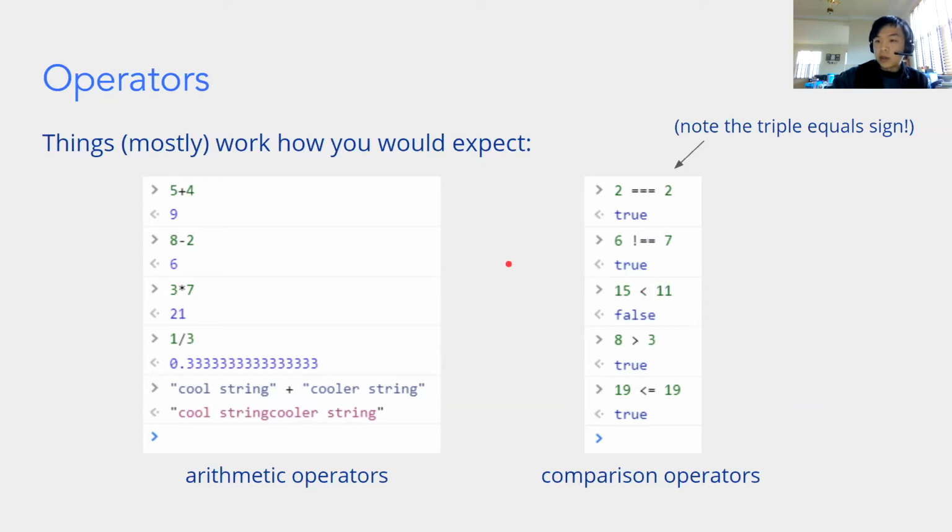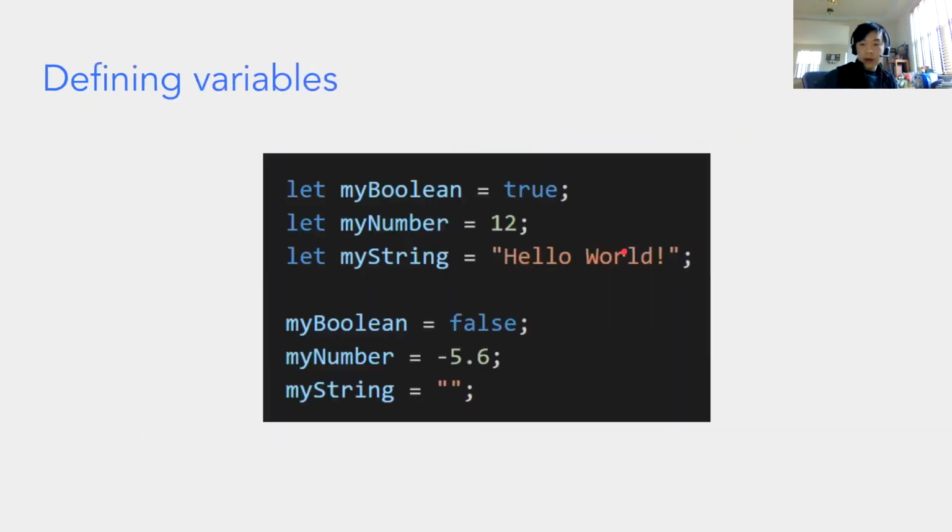The single equals, however, is used for variables. So for those unfamiliar, a variable is just a name we assign that we can then give some data value. If you've seen variables before, that concept is familiar. What's new here is this keyword let. In JavaScript, when you first use a variable, you have to declare it.